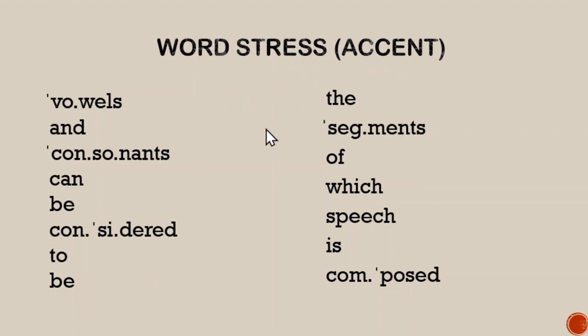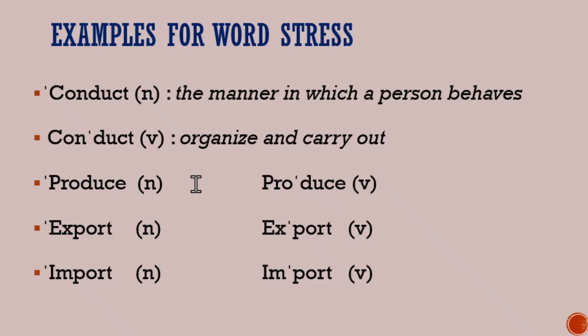Stress or accent in English means when there is more than one syllable in a word, one of those will attain or will come to have a greater emphasis. One syllable will have a greater emphasis in pronunciation. We'll look at it in greater detail now. We have examples here. Look at these words: conduct, conduct. Same spelling.